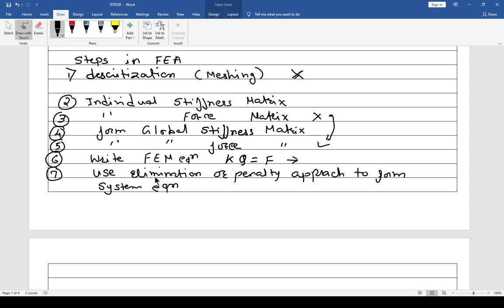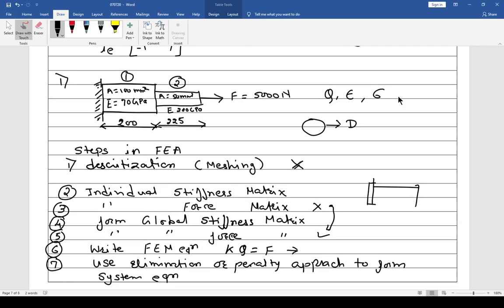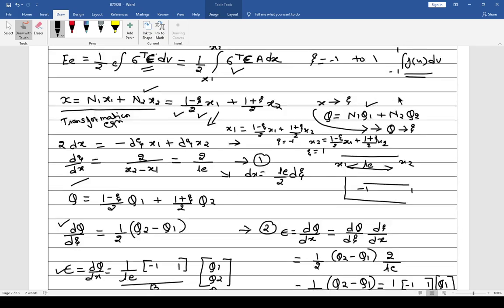So what we do, we use the elimination approach. Last time I explained what we have done: we cut the first column and first row, and then we formed the equation, if you remember that. So that was my elimination approach. You can refer to my previous notes if you have screenshots. Maybe I go at the top.